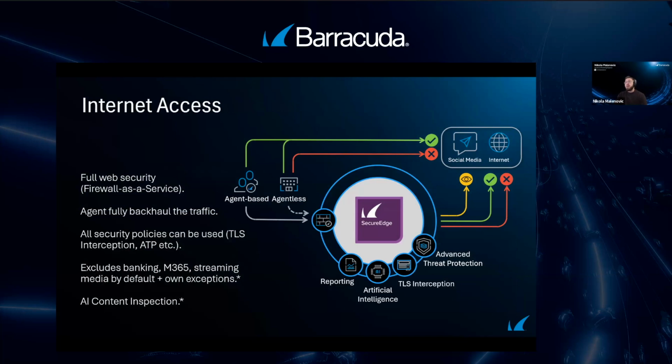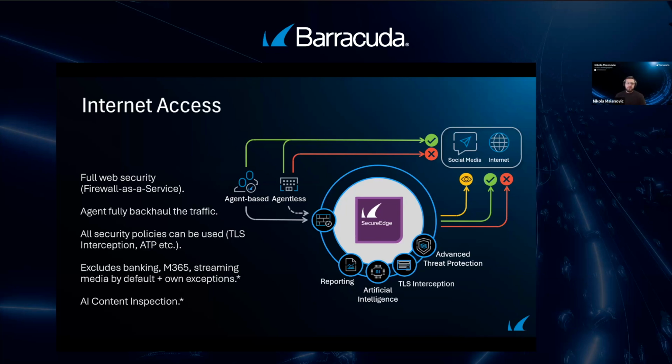So they may have small branches without hardware, and this is where our internet access plan comes into play. With internet access, we are using the same agent that we're using for DNS security. And we're backhauling all the traffic to our platform or our PoP, where we can then inspect the traffic with TLS inspection and advanced threat protection and antivirus and stuff like that.